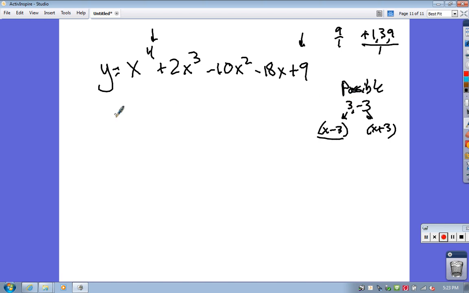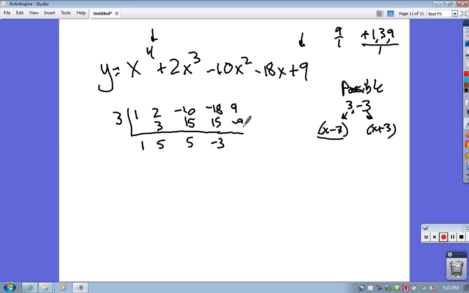So 3, remember I used the root. 1x to the 4th, 2x cubed, negative 10x squared, negative 18x, and 9. Bring that down, multiply. Doing that synthetic division. Add, multiply. That's an ugly negative 10, so that makes that a negative 5. Multiply, negative 15, add, negative 3.